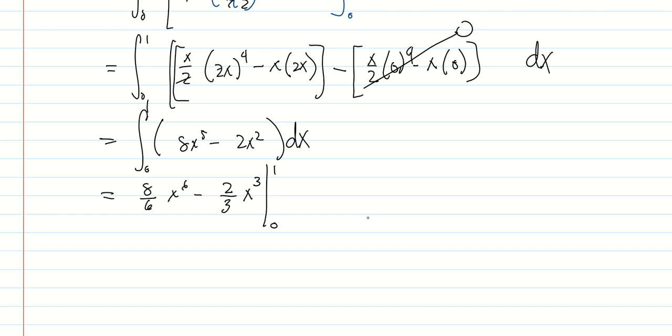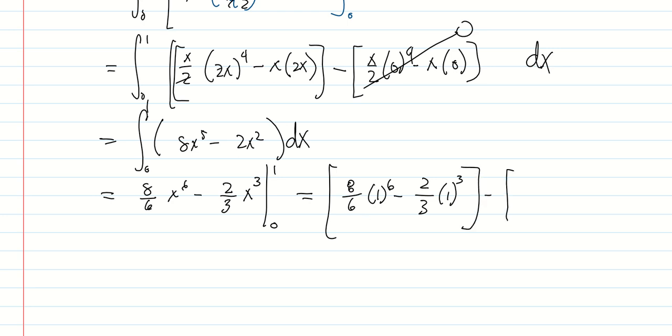For our upper limit, we substitute 1. So this will be 8 over 6 times 1 raised to 6 minus 2 over 3 times 1 raised to 3. That's the upper limit. Then you subtract the lower limit: 8 over 6 times 0 raised to 6 minus 2/3 times 0 raised to 3, and this will be 0.